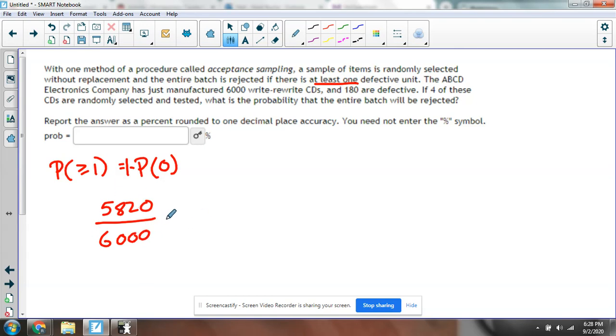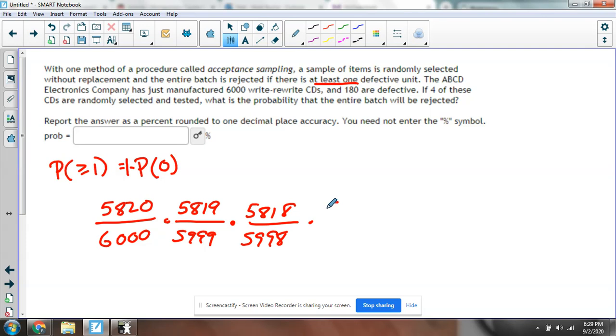Okay. Now what's the chance I get a second good CD? Well, I picked a good CD on the first try, so we're going to subtract 1 from both of these. 5,819 over 5,999. I pick another good CD, 5,818 over 5,998.